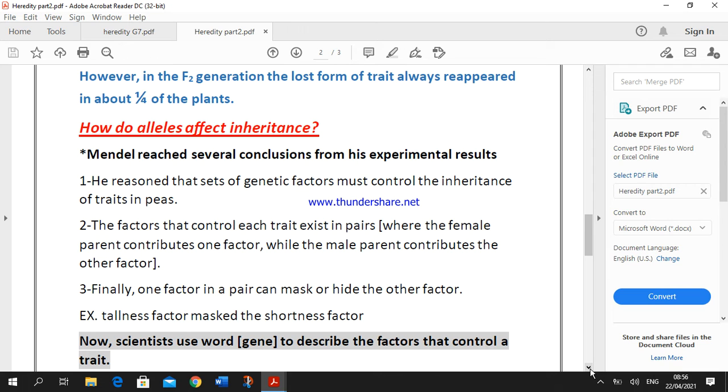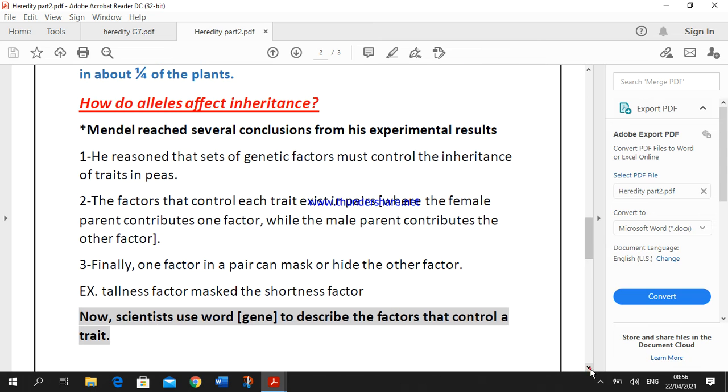Finally, one factor in a pair from the genetic factors that control the trait can mask or hide the other factor, because this factor is strong, okay, while the hidden factor is weak, okay.